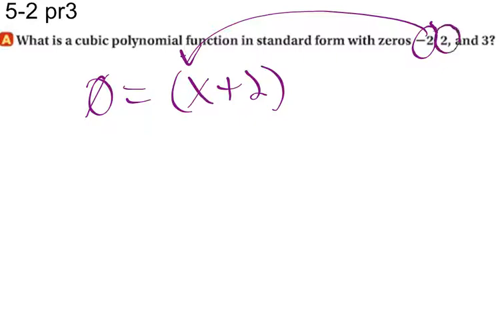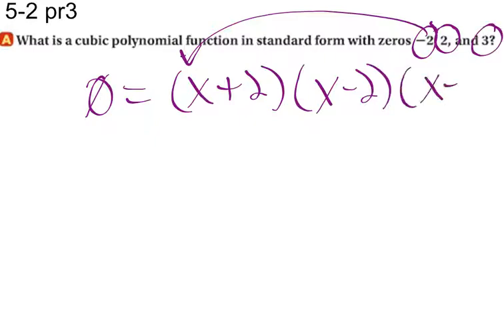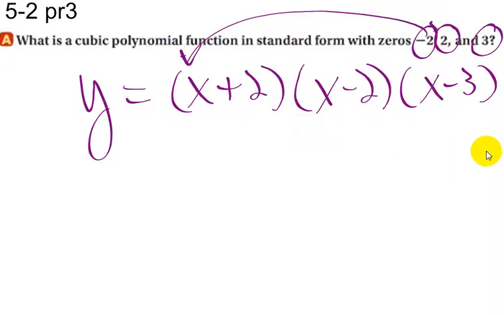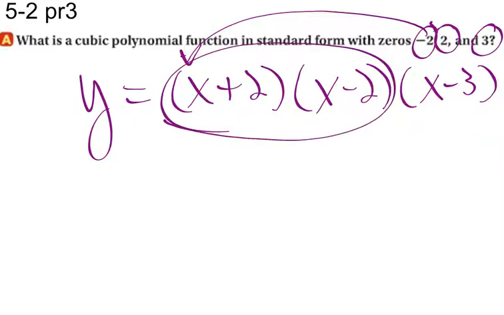And then you take the opposite of this, x minus 2, and the opposite of that is going to be x minus 3. So there's the equation, and change your 0 to a y. Now we've got the equation that created these zeros. Now we have to put it together. So let's just, we know this, right? That's going to be the difference of 2 squares.